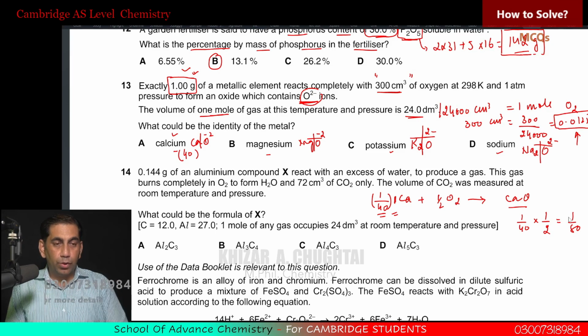The answer is 0.0125. Yes. So if I'm using 1 gram of calcium in this case, then the amount of oxygen will be exactly this one.